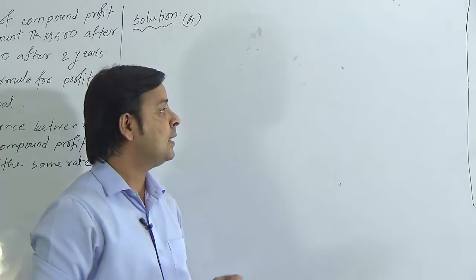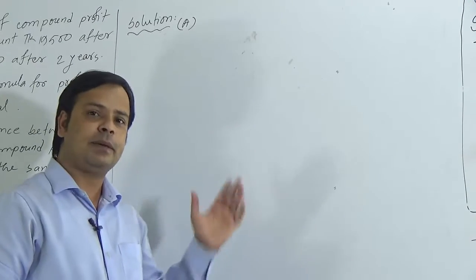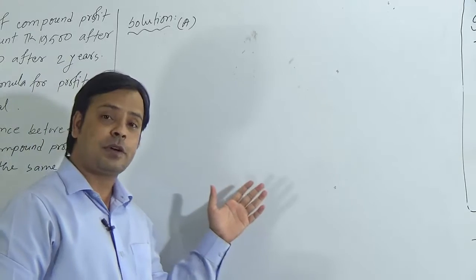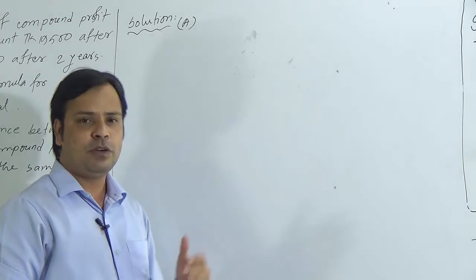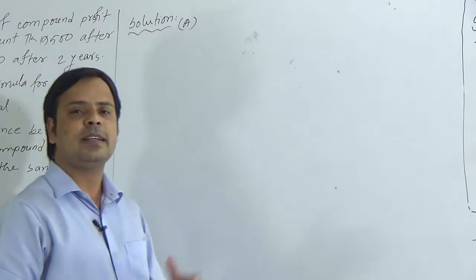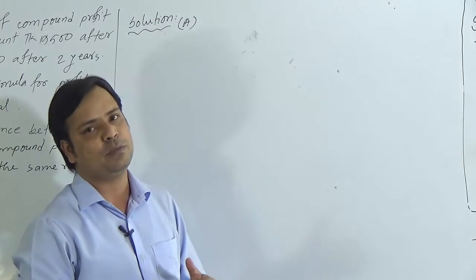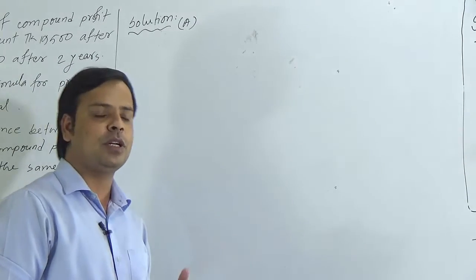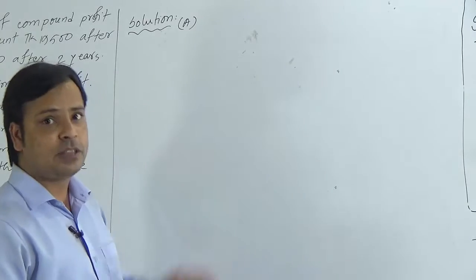Dear students, as it is not mentioned here whether the formula for the simple profit or the compound profit we need to write, we think we have to write both the formulas. We have to write both the formula for the simple profit and compound profit.